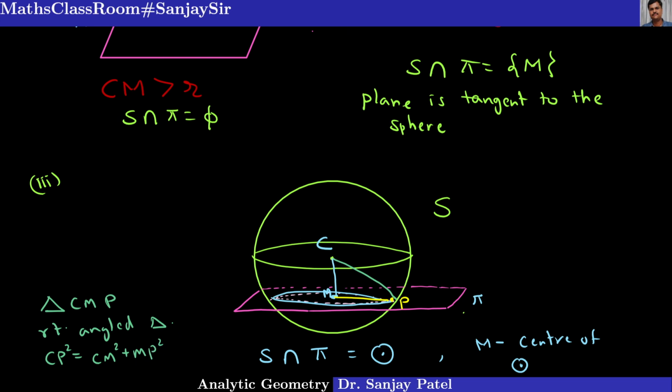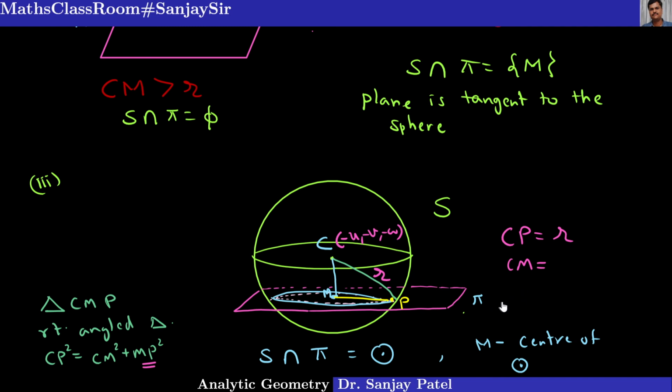So if you want to find the radius of this circle, which is given by MP, then just put the value of CP. What is CP? This CP is nothing but the radius R of the sphere. And this CM, you already obtained as the perpendicular distance. What is C? C is the center, (-u, -v, -w).